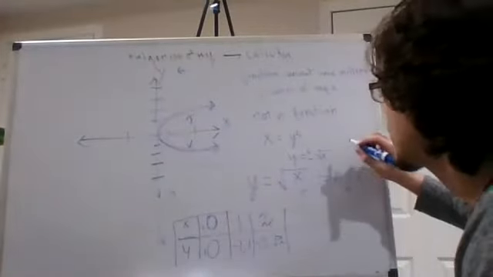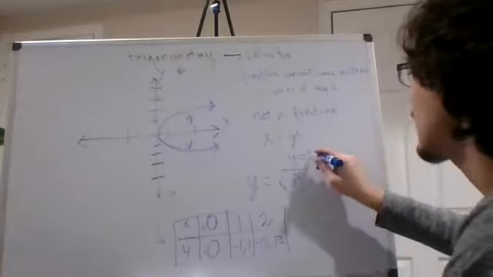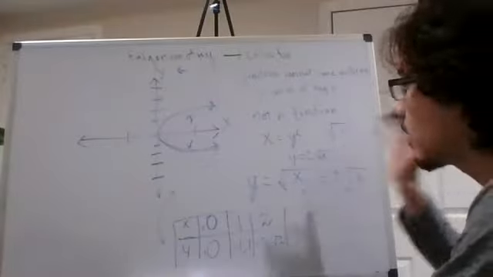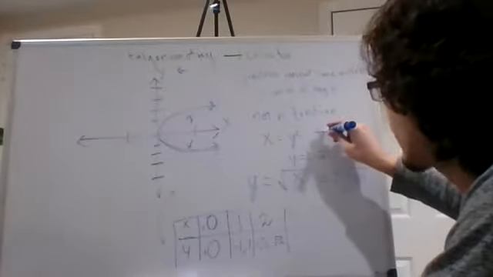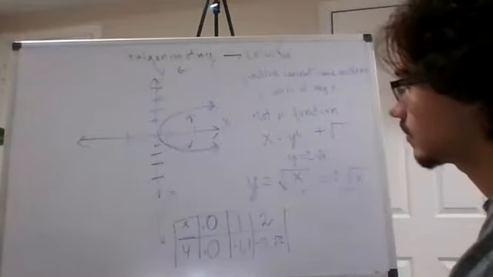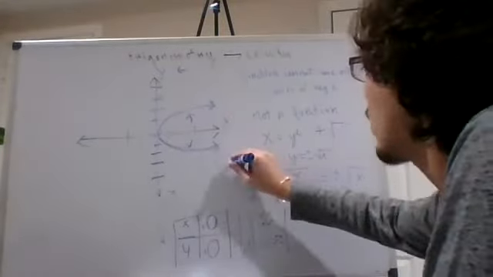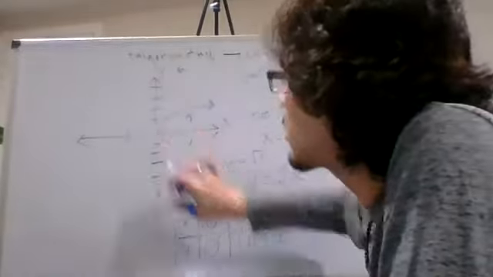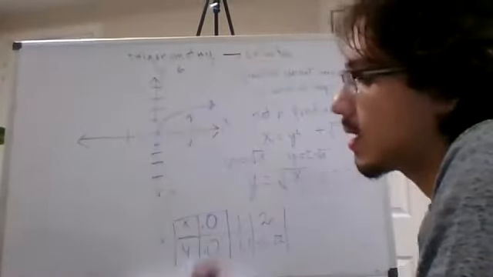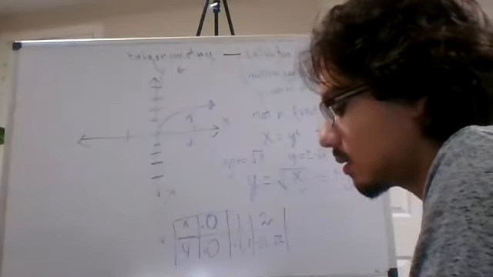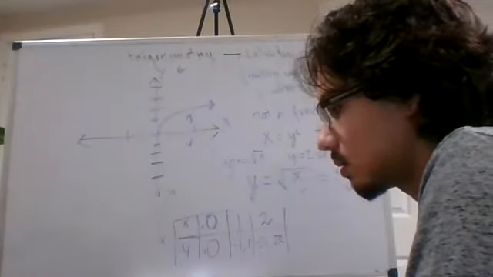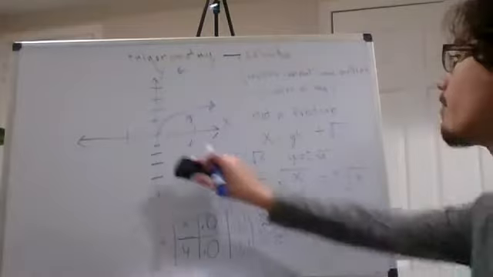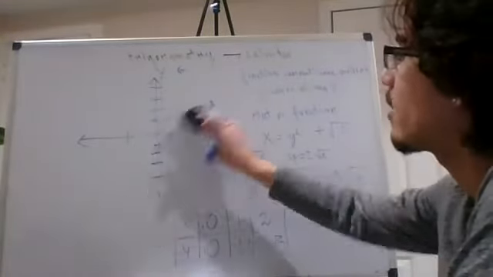This is an important clarification because if you don't write it like this and you just write it as this, the assumption going forward is that you are simply saying the positive and only the positive. So if you write y is equal to the square root of x, it will be demonstrated as only this function. Does that make sense? Yes, sir. Okay, this is an important clarification. But simply put, this is how that looks.